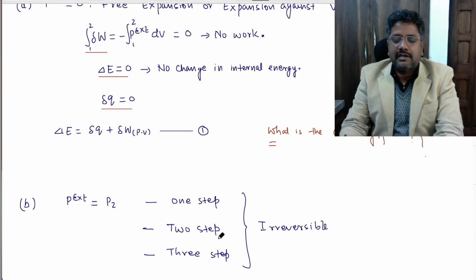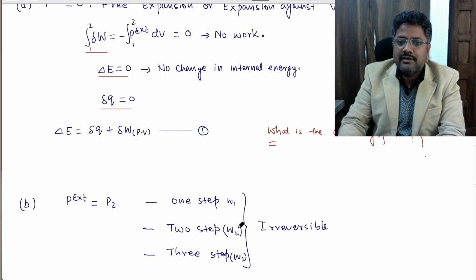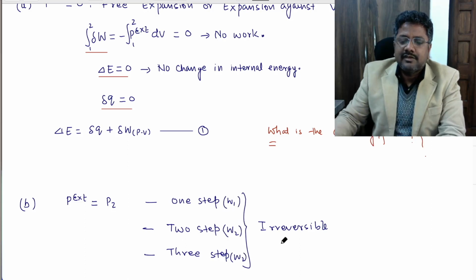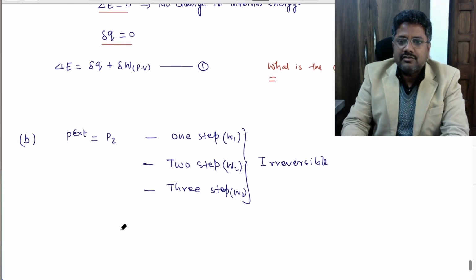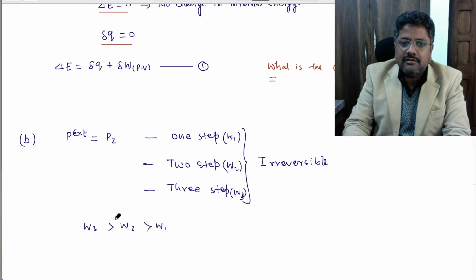Suppose that the work involved in this case is W1, in this case W2, in this case W3. What will be the order? Definitely W3 is maximum, then W2, and then W1. You have to compare the magnitude basically here.